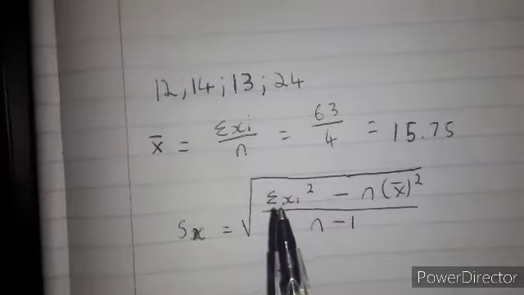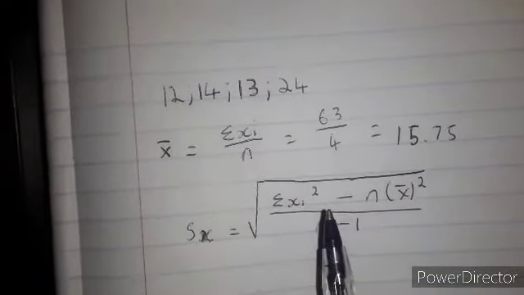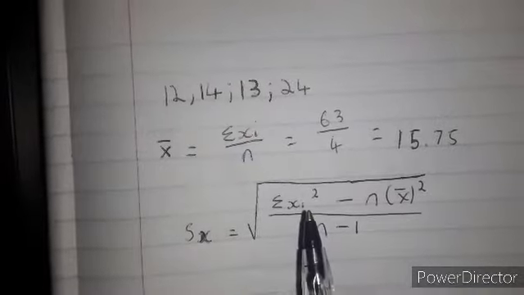So we have to calculate the sum of x squared. How do we calculate the sum of x squared?